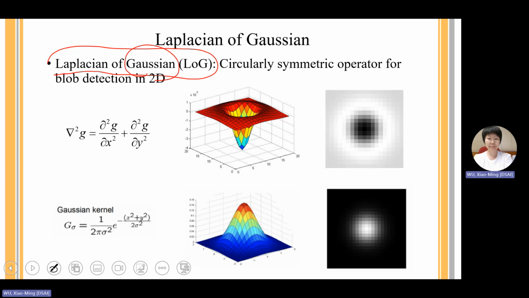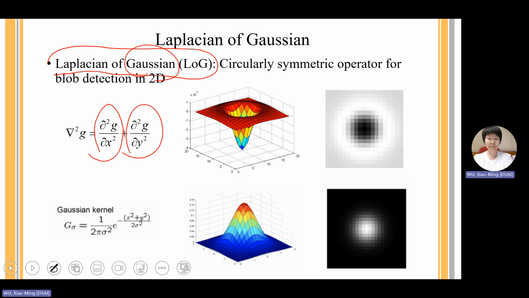Laplacian of Gaussian can be computed by second order derivatives. When we do edge detection or corner detection, we apply first order derivatives. But here, Laplacian of Gaussian involves the computation of second order derivatives, the second order derivative of the Gaussian function.